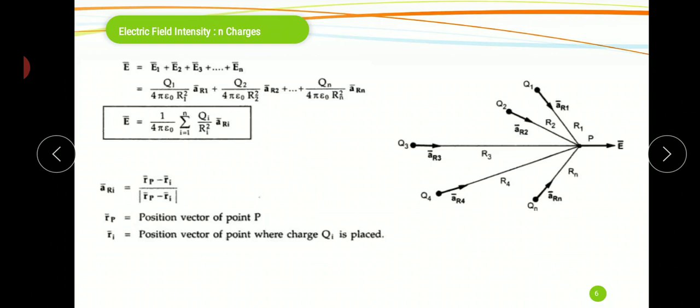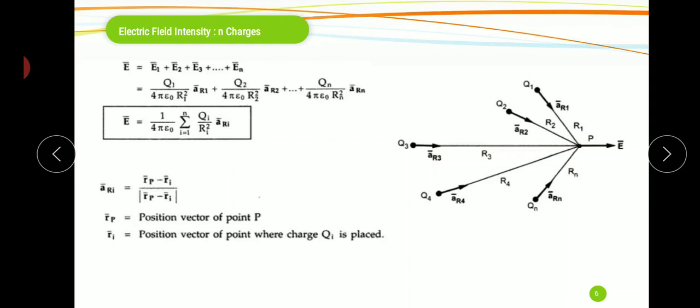By substituting all these values and taking the vector sum, the constants are 1 by 4 pi epsilon naught, and the sum is indicated by sigma, i equal to 1 to n, qi by ri square a bar ri.